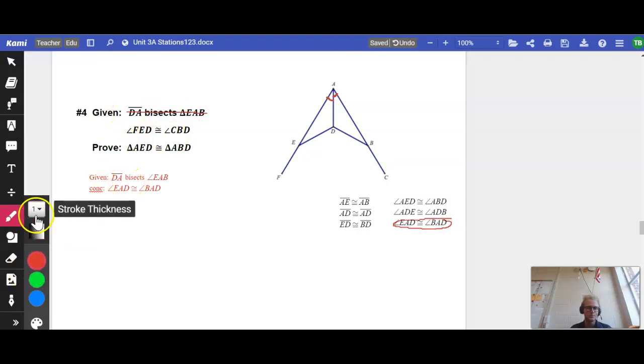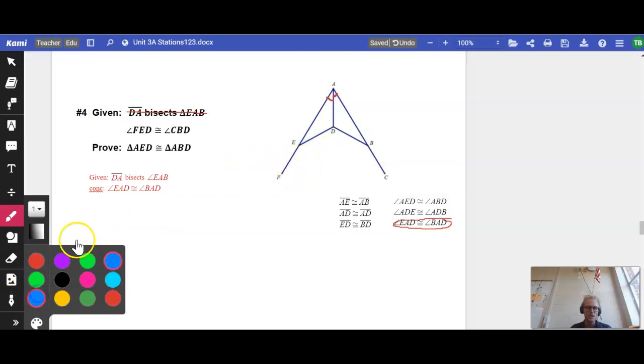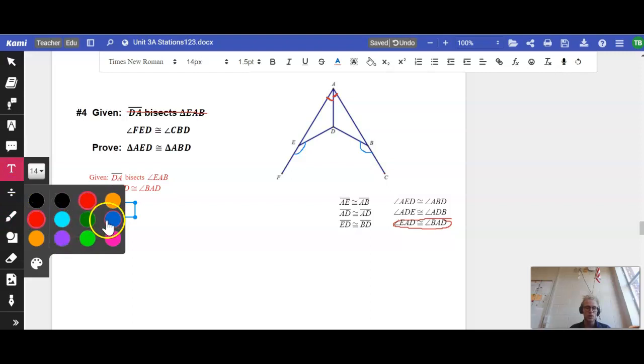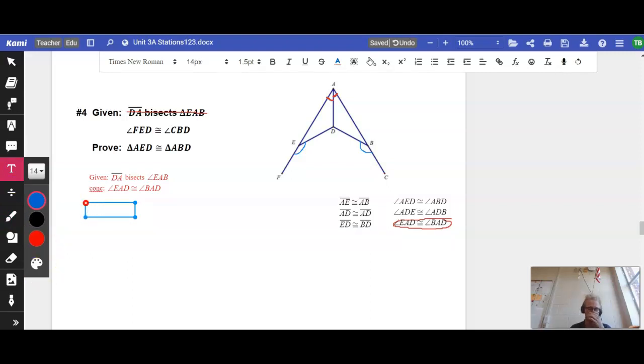Two things to go. My next given is that FED is congruent to CBD. FED is right here. CBD is right here. The issue with that, if you're noticing, is that those are outside of our triangles. So you should be looking at your tier 3 word for supplementary angles.